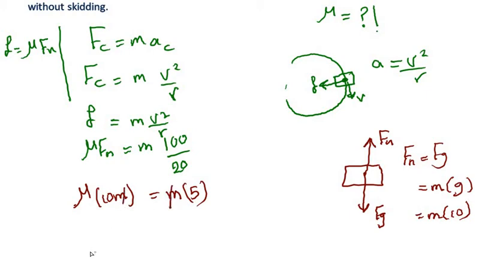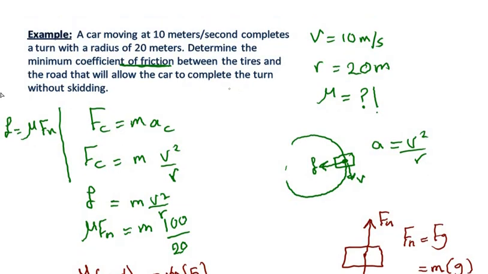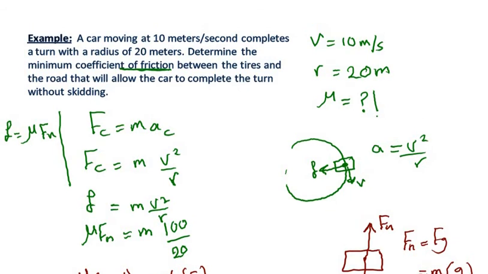These two cancel out. Mu is equal to 5 over 10, which is 1 over 2, or 0.5. As you know, mu is unitless and it should be less than 1. So if you get an answer greater than 1, then you did something wrong in the calculations. Then this is the minimum coefficient of friction between the tires and the road that will allow the car to complete the turn without skidding.